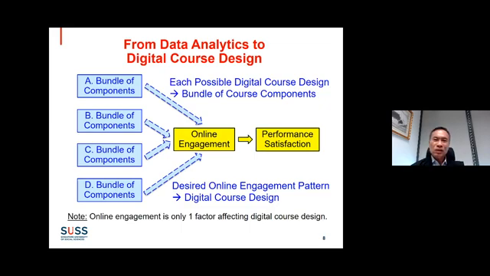So we know what kind of online engagement is generated by each of the different course designs or course components. If we believe in a certain pattern that will help us maximize performance, and a certain pattern that will help us maximize course satisfaction, then the results from our learning analytics will enable us to identify which bundle is most appropriate for the course that we're trying to develop.